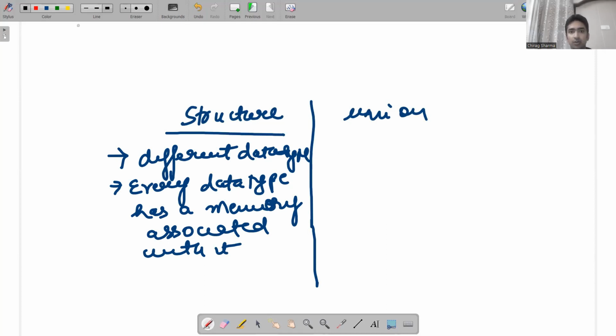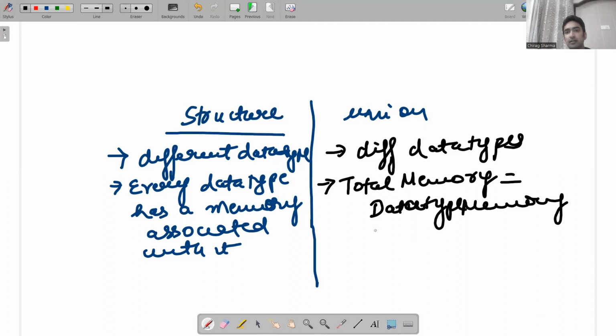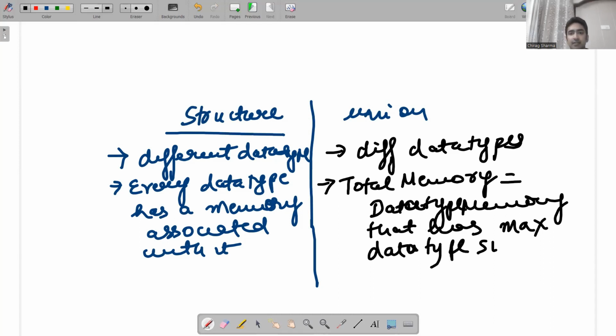If I talk about union, this is also a collection of different data types, but over here total memory is actually equal to the data type memory that has the maximum data type size.